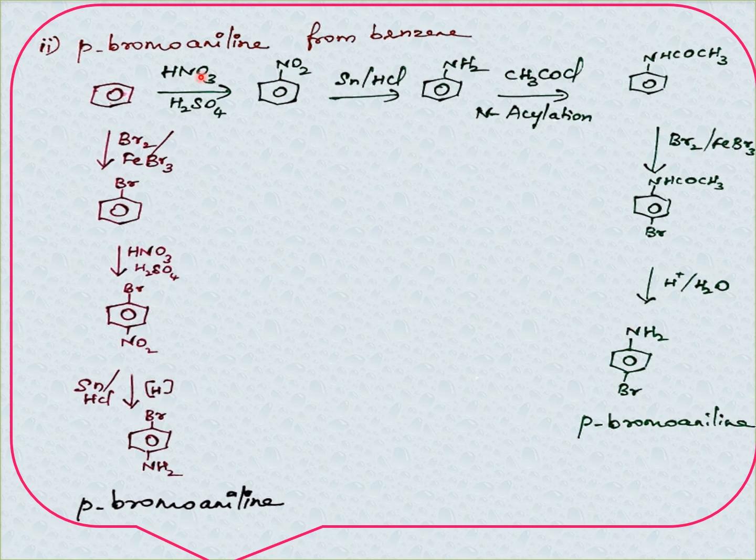The other way to synthesize para-bromoaniline is bromination of benzene. It provides bromobenzene, followed by nitration. It gives para-nitrobromobenzene, followed by tin HCl reduction. This NO2 is reduced to amine. So this type of preparation can also be done.